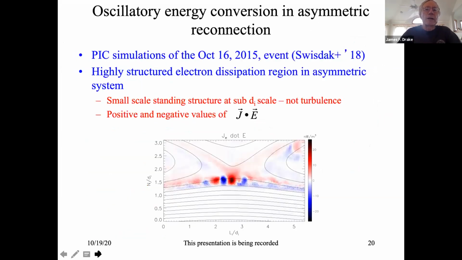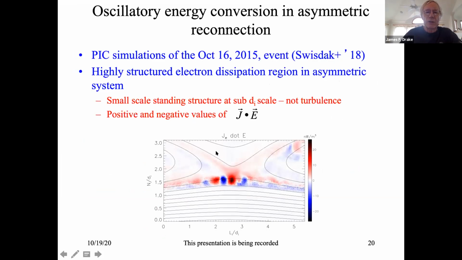Okay, let's talk about oscillatory energy conversion. Again, this was something which was unexpectedly seen by MMS, and the intense dissipation was orders of magnitude more intense than we expected from earlier simulations. And Mark Swisdak has a 2018 paper in which he has figured out why this happens.